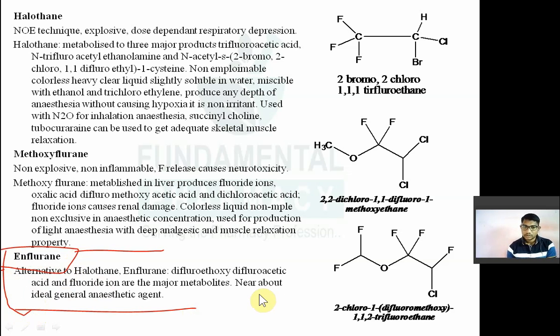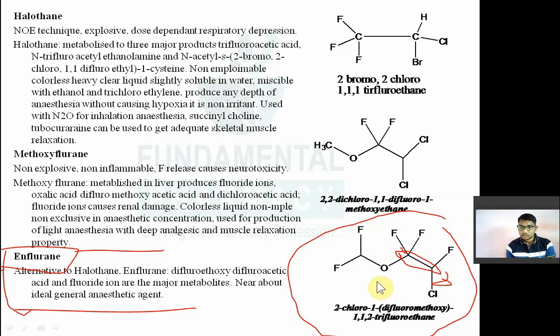Now what is the structure of enflurane? Structure you can see the last structure, number 3, structure of your enflurane. So 2-chloro 1 into difluoromethoxy 1,1,2 trifluoro. इथेन मॉलिक्यूल कहाँ पे है इसका? ये जो है it is ethane. सो 2-chloro मतलब ये carbon number 2 है और ये carbon number 1. सो 2-chloro into 1 difluoromethoxy, ये देखो 1 है difluoromethoxy. ये difluoro 2-chloro 1 into difluoromethoxy 1,1,2 trifluoroethane. 1,1 ये 1,1 हो गया 2.